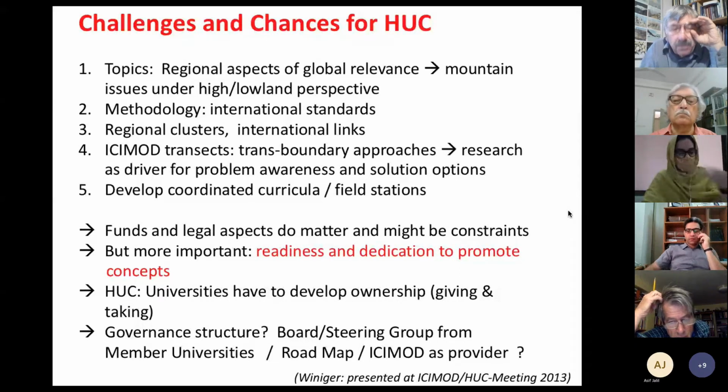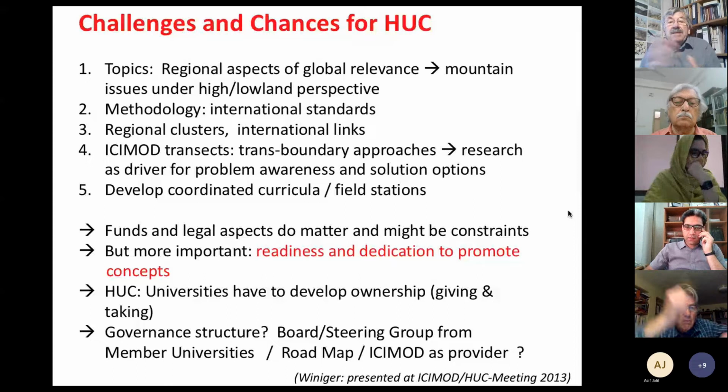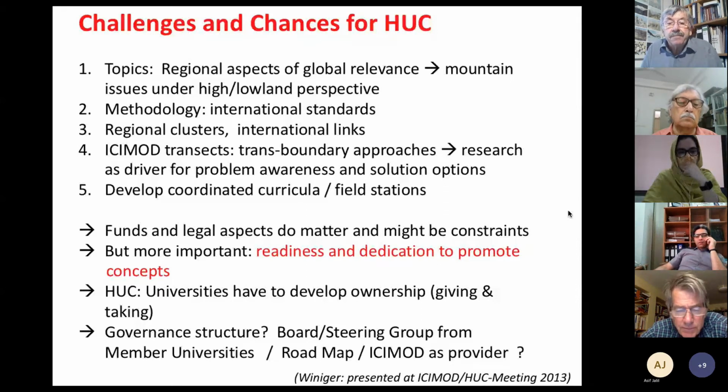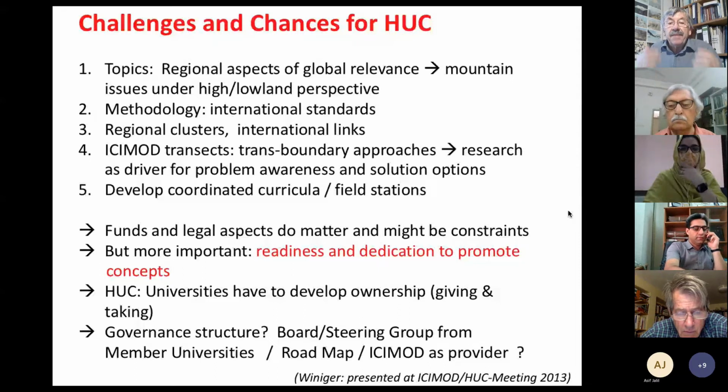Coordinated curricula. One should discuss with each other what are the important curricula also for practical work, field stations, and so on. But that's what outlined in red there. It needs the readiness and the dedication to promote these concepts.